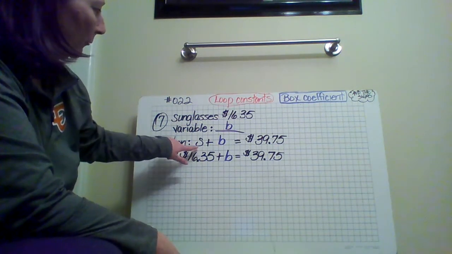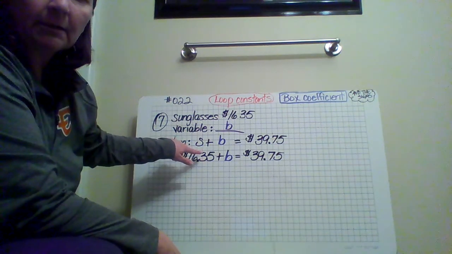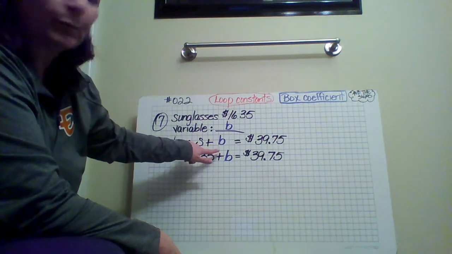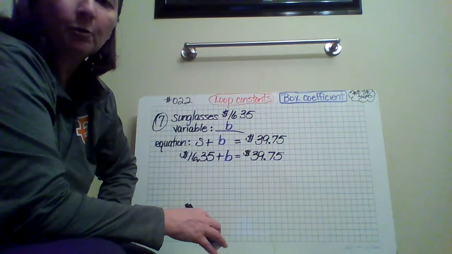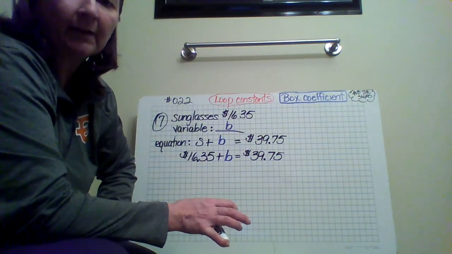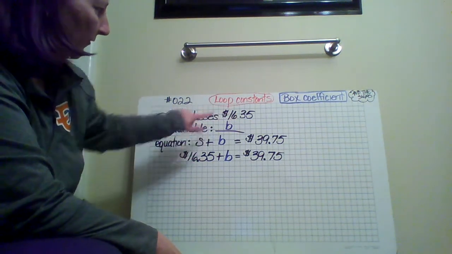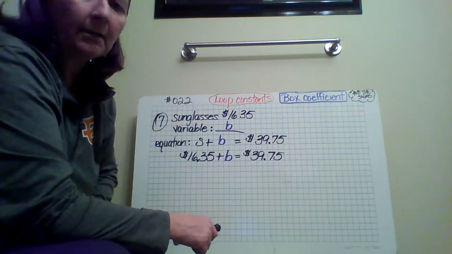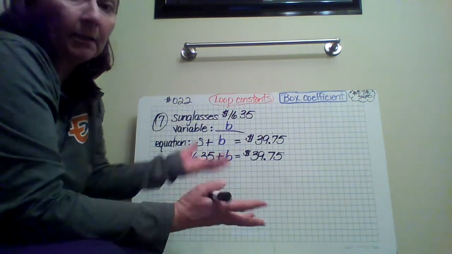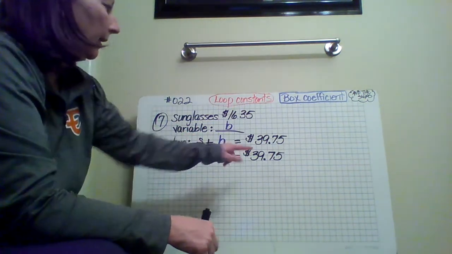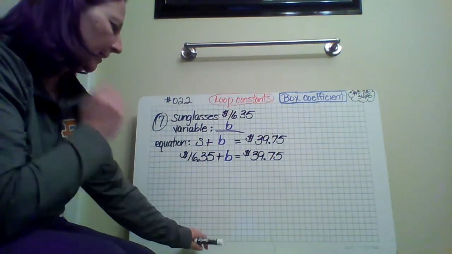And when we add the cost of the sunglasses plus the cost of the bracelet, she's going to spend a total of $39.75. So we take the $16.35, the cost of the sunglasses, plus the cost of the bracelet, which we don't know, and that's going to give us a total of $39.75.